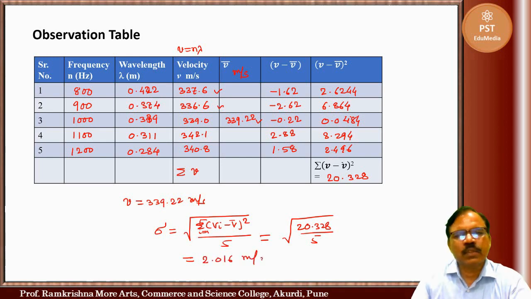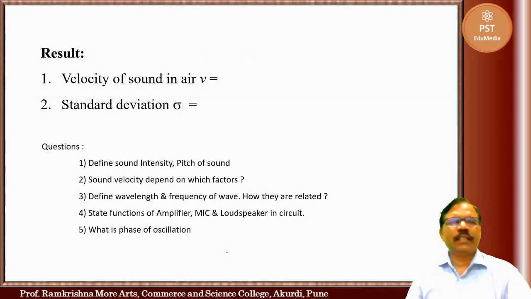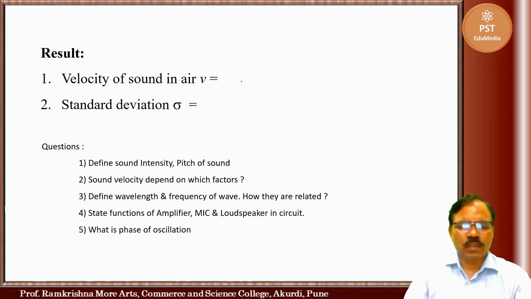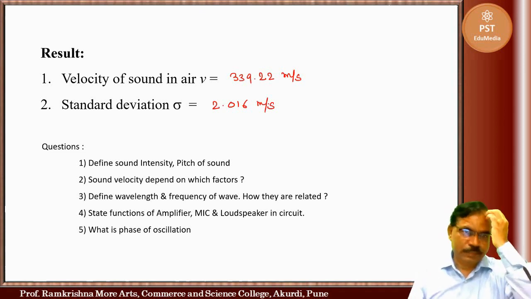Its unit is also meter per second. So here is the result: velocity of sound in air V is equal to 339.22 meter per second, and the standard deviation in the measurement of velocity is 2.016 meter per second. So this is our result.